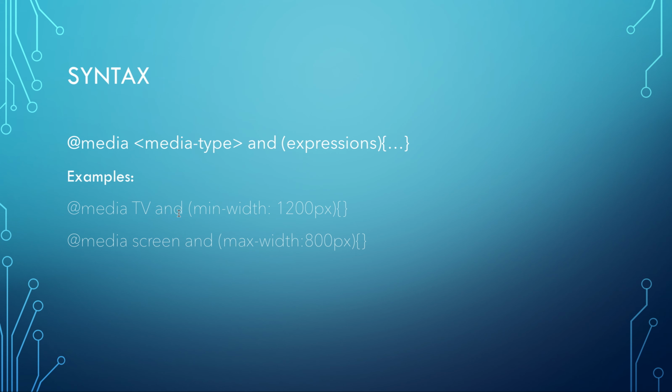And the word and then the expression min-width of 1200 pixels. This means that any TV devices with a minimum width of 1200 pixels apply these CSS rules that are within the braces.